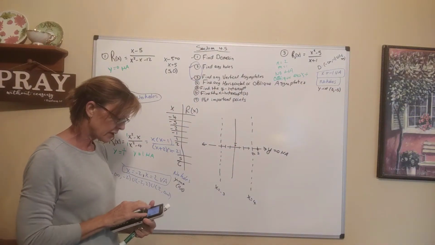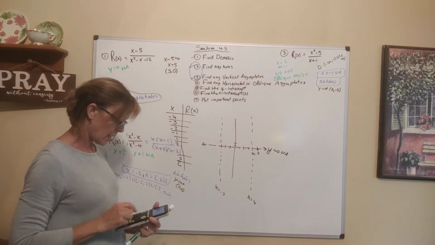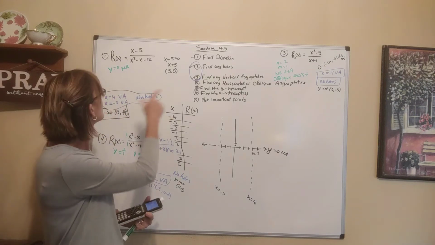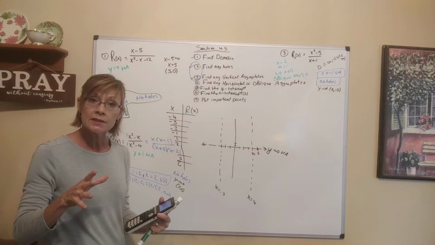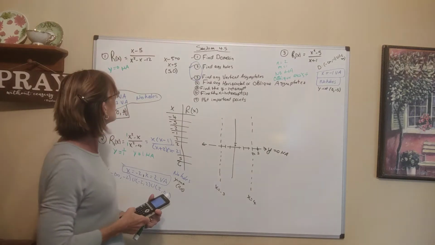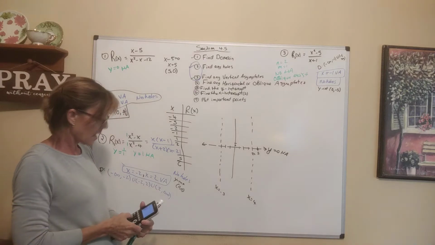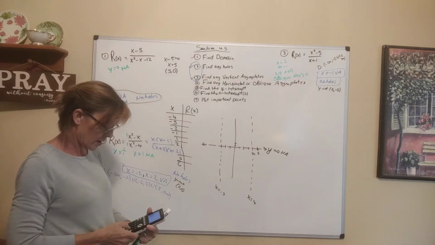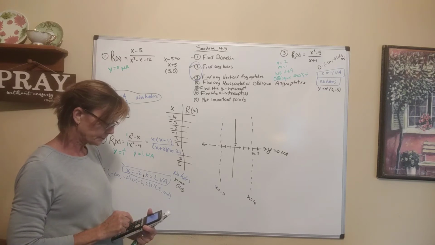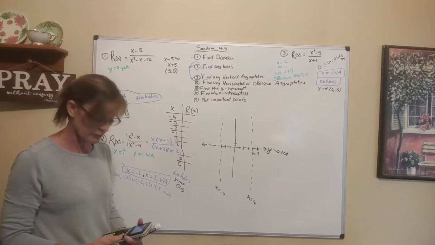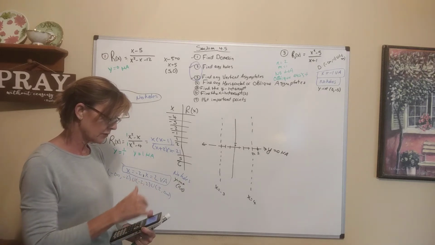Since I am allowed to do that, I'm just going to use my graphing calculator and go to my y equals screen. And I'm going to enter my rational function. I'm going to put in x minus 5 in parentheses, divided by parentheses, x squared minus x minus 12. And you can just hit graph, and you can see a picture of it. You can also go to second table and get some values out.